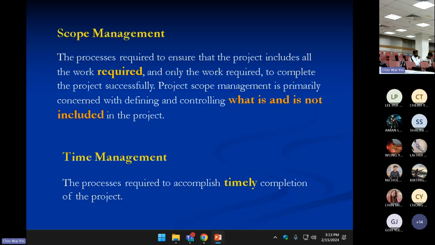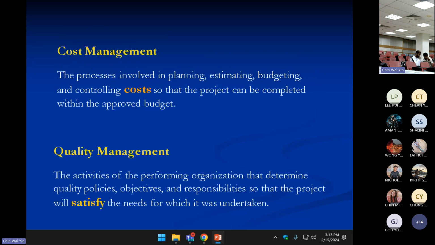Then time management is all the processes necessary to ensure that your project is completed in a timely manner, which includes the application of all the project management techniques to manage your time. And then cost management: the processes involved in planning, estimating, budgeting and controlling all the costs so that the project can be completed within the approved budget.